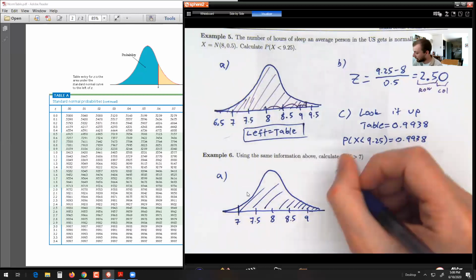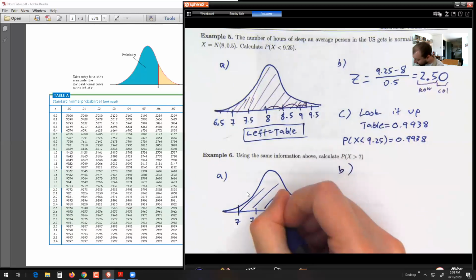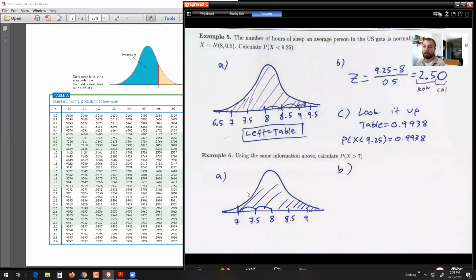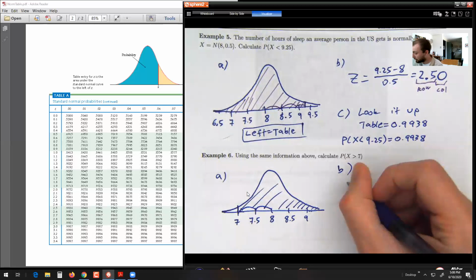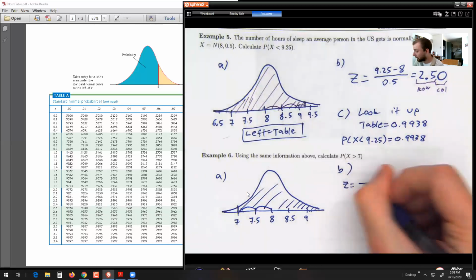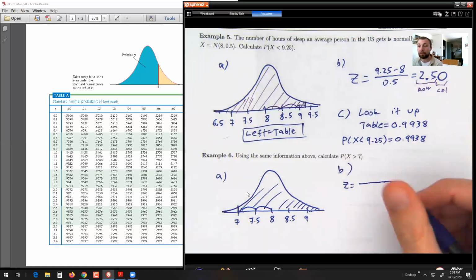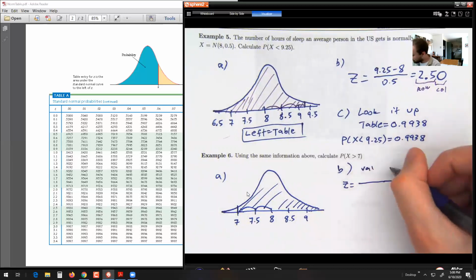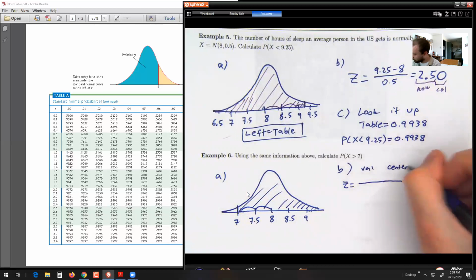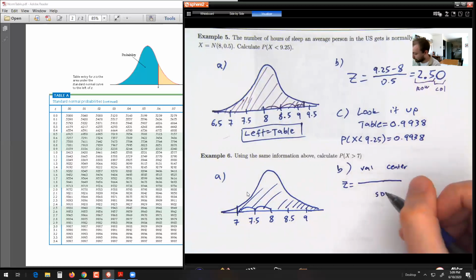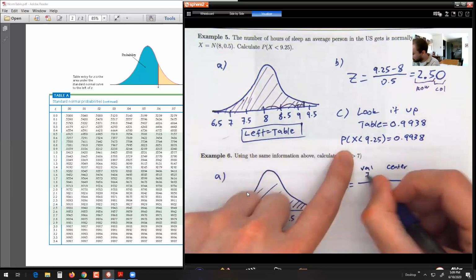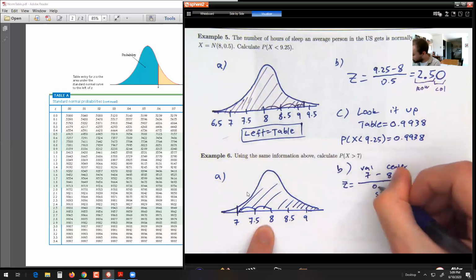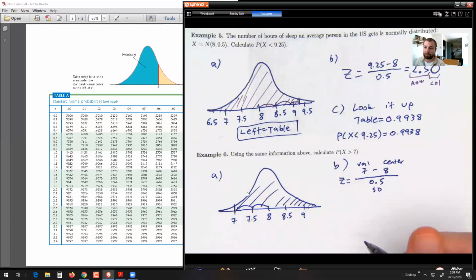I'm going to find my z-score. I can see what it should be, though. It's 2 tick marks down, so I should be getting -2. If you can just see what it is intuitively, go with it. If you can't, go through the formula. I subtract the center from the value and divide by the standard deviation. The value is 7, the center is 8, and I continue to count by 0.5.